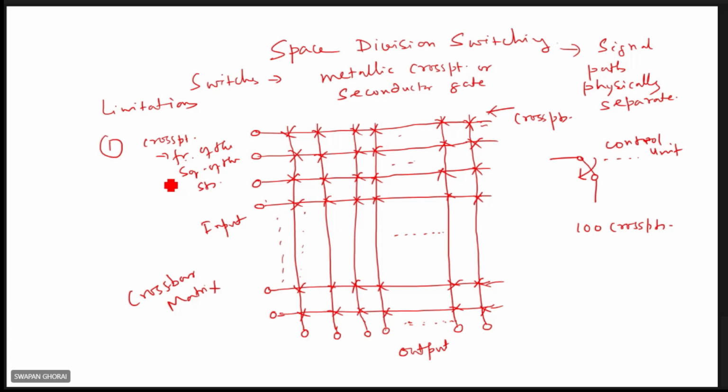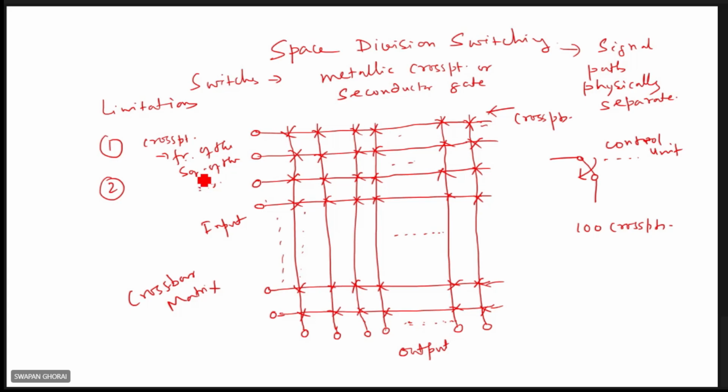So if you want to add more stations, the number of cross points will increase tremendously. That is one: more cross points and a more costly affair. The second limitation is that if one cross point is lost, then the connection between any two devices will be affected.